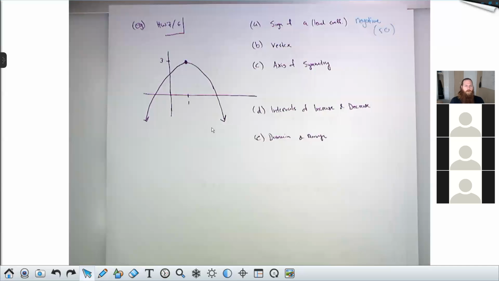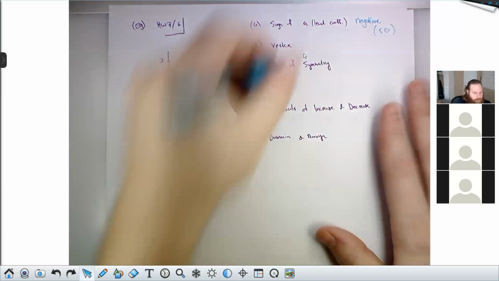Okay, where is my vertex? Or what is the vertex here? So the x value is 1, and the y value is 3. So the vertex, we like to give that as an ordered pair. It's 1, 3.